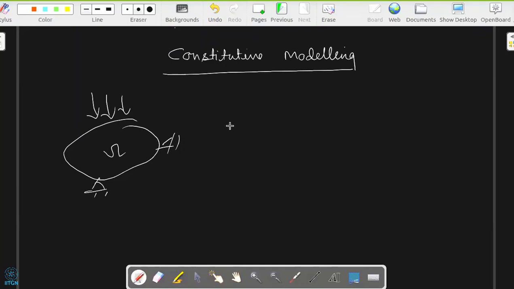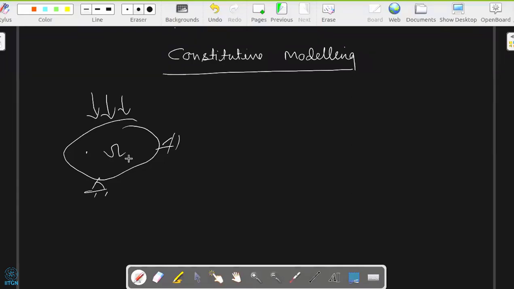This load is applied on the surface, as traction on the surface of this domain, and you are observing that inside also some deformation is occurring, and that you are measuring in terms of a strain. So it means that force is being transmitted within each and every point of this domain, and that transmission of the external load we are actually defining by using a stress.